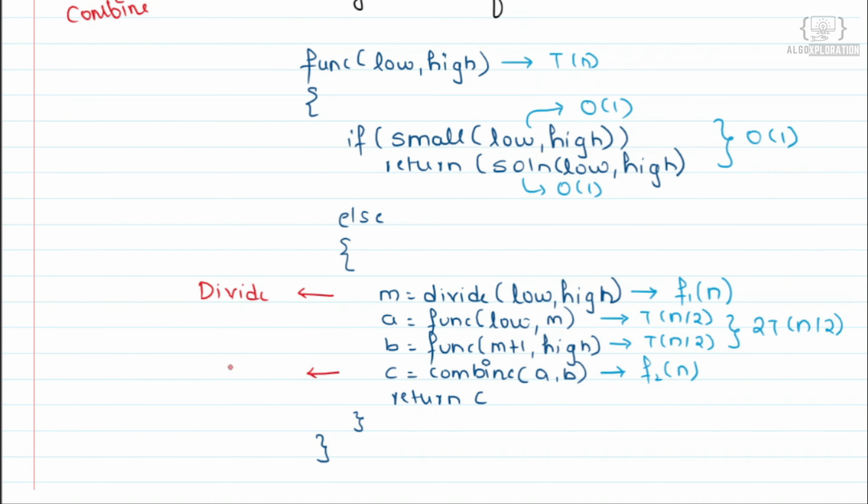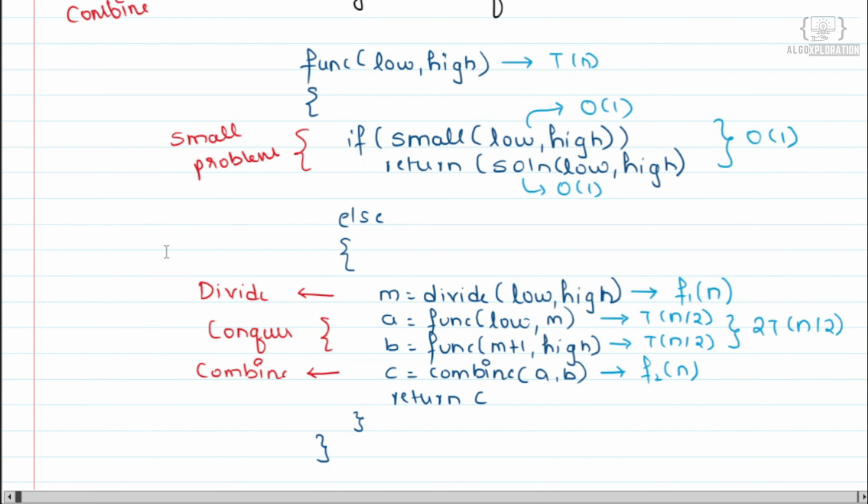This part is combine. And this part is conquer. And this will be the small problem. In the divide and conquer technique, there will always be a small problem that takes order of 1 time.